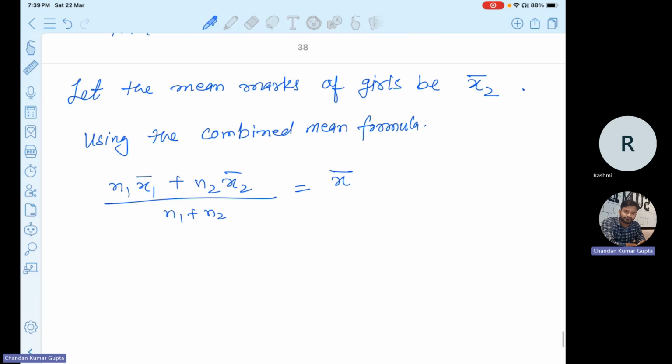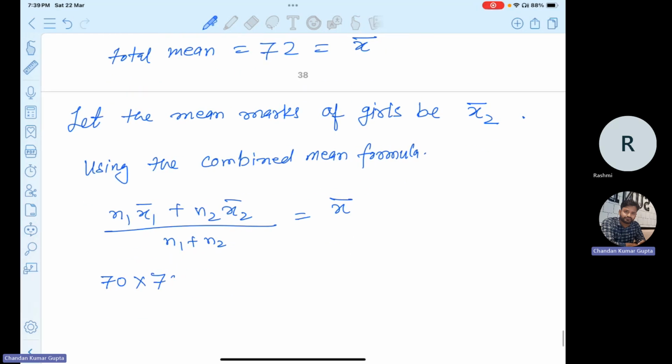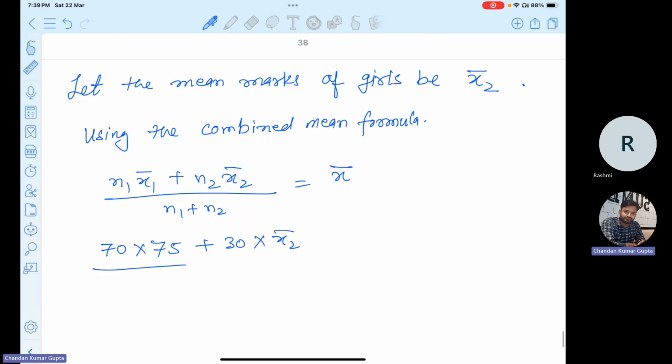So putting in those values, N1 is 70 into X1 bar, which is 75, plus N2, which is 30, into X2 bar, which is not known, divided by N1 plus N2, that is 100 here, and X bar is 72.